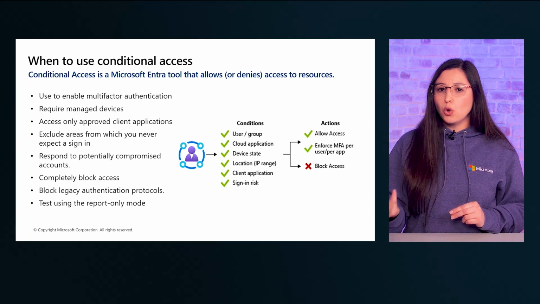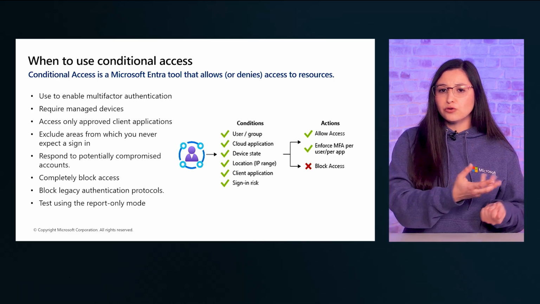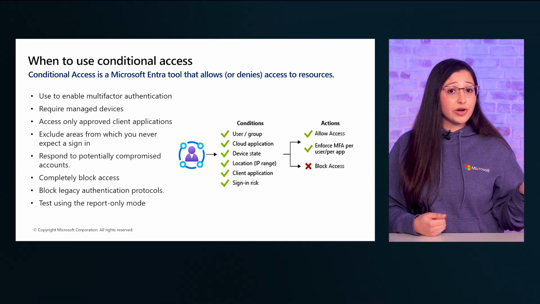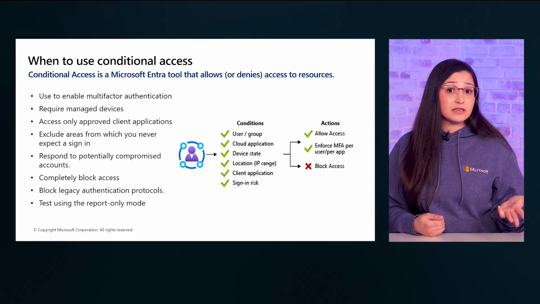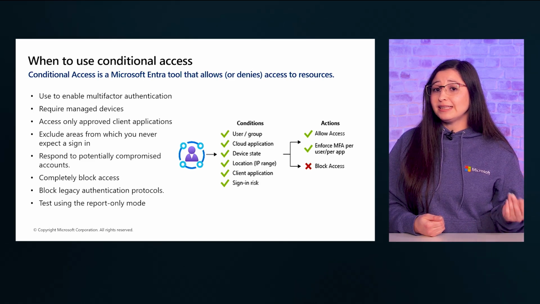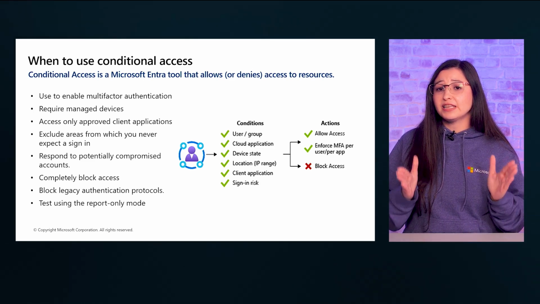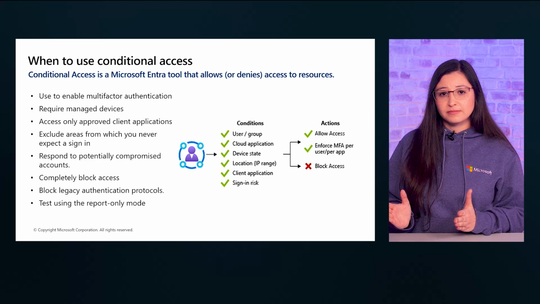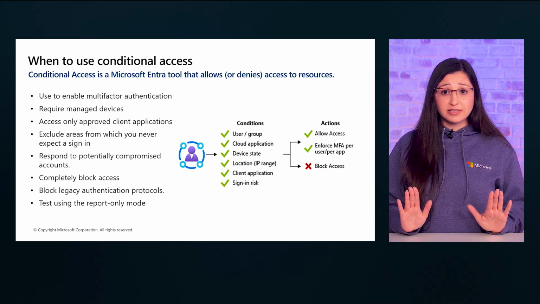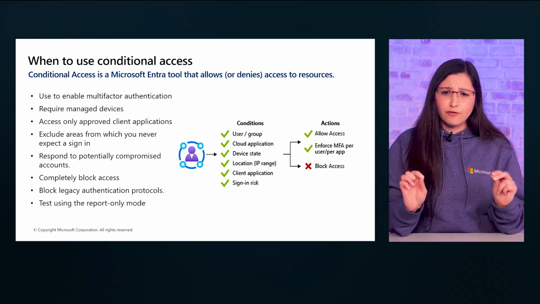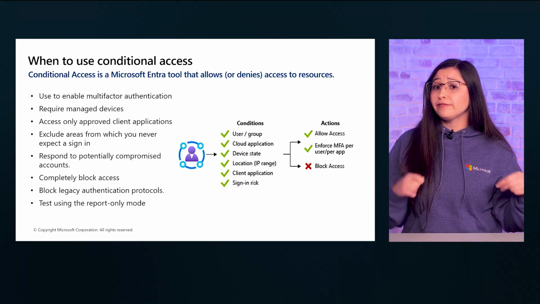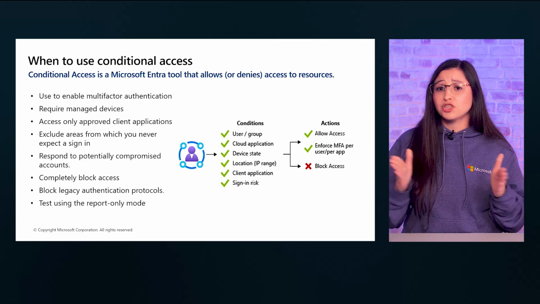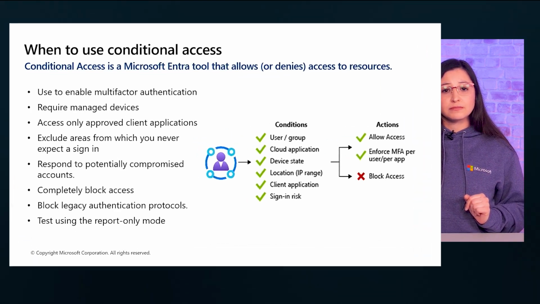We will collect all the signals from every single request: the identity requesting the access, the target application or operation, which device and its state, the request location, the client application, and even associated risk. Then we can pause, evaluate, and make an informed decision whether to allow the access, deny it, or enforce additional controls such as multi-factor authentication.